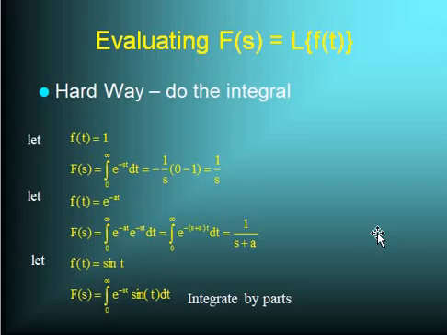Since the base is the same, we combine the values with the exponent law, e power minus of s plus a times t dt, which gives 1 over s plus a. Next, the Laplace transform of sin t.